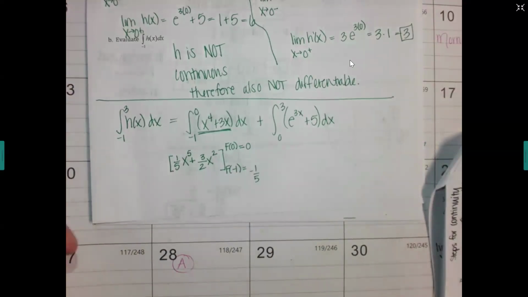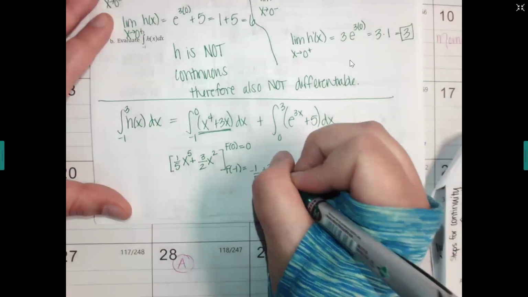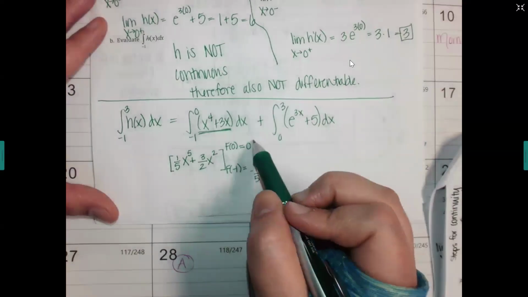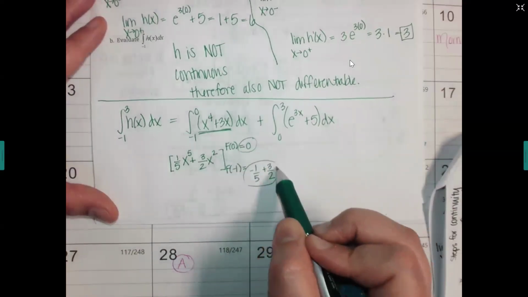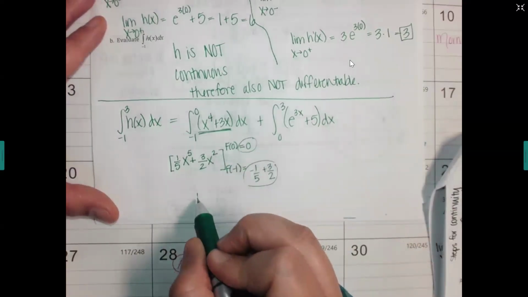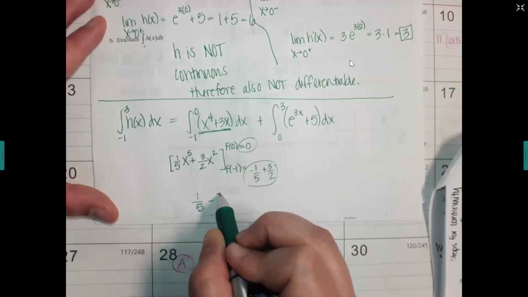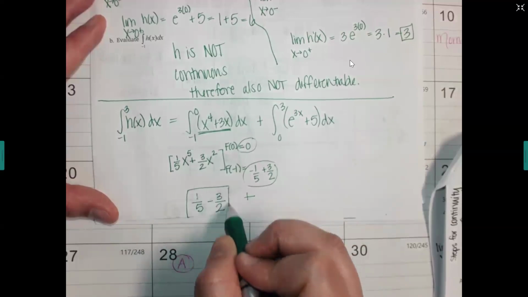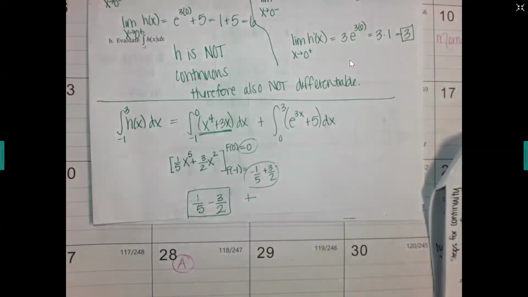Positive. So that's a +3/2. And then remember that it's top minus bottom. So if I do 0 minus these guys, my answer is going to come out as a +1/5 and a -3/2 for that piece. Okay, now you don't have to make these have the same common denominator, so don't even waste your time.